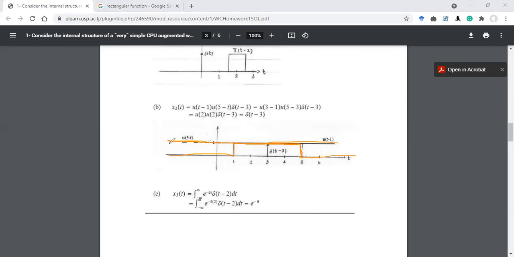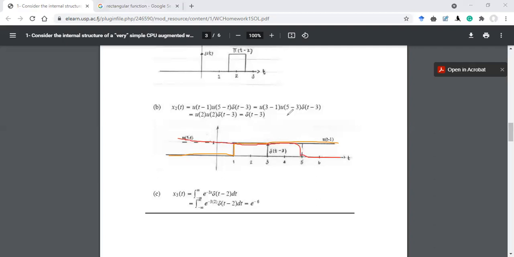So the graph of u of 5 minus t is something like this. I should have changed the color, so let me go back and change the color of it. So this is the graph with a red line.